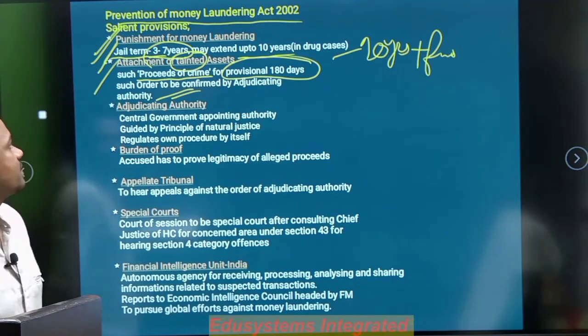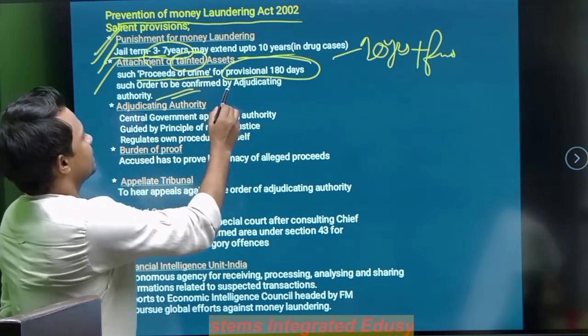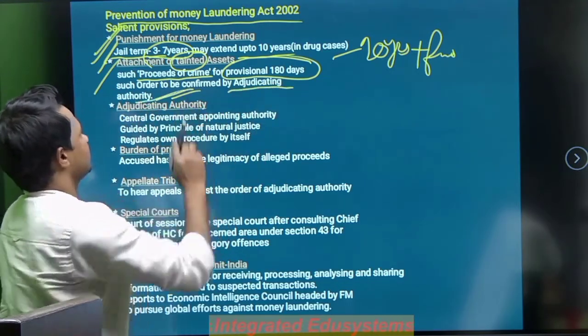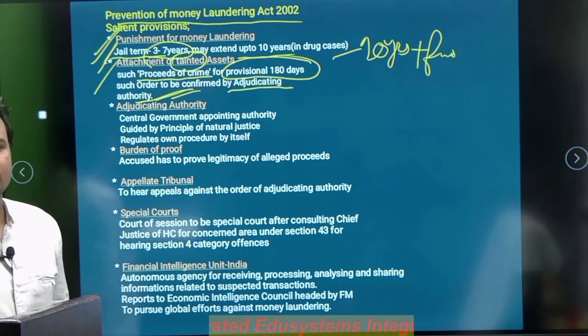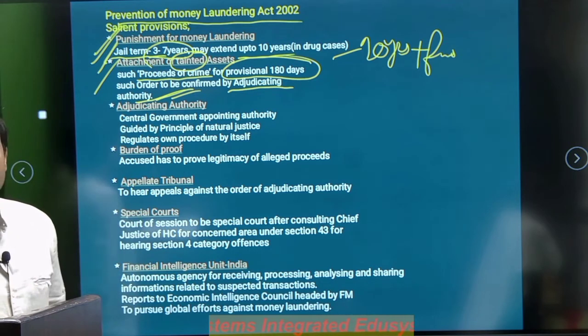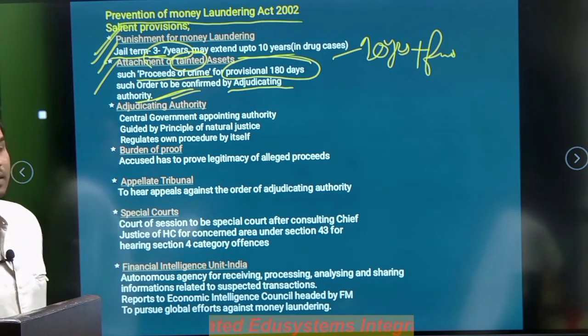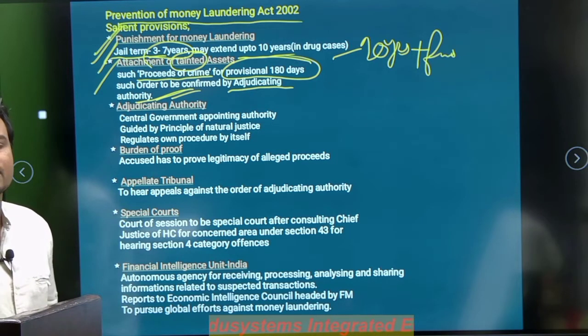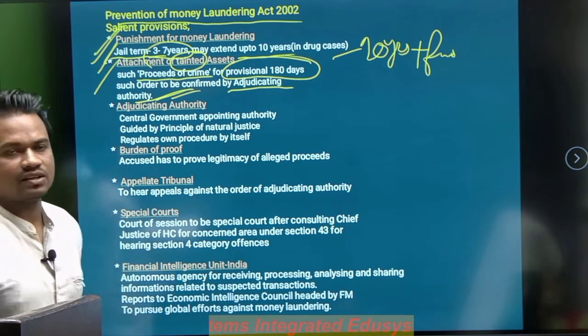This is an important feature. Such orders are to be confirmed by the adjudicating authority, which will confirm the seizing or attachment of the assets which are supposed to be out of money laundering.